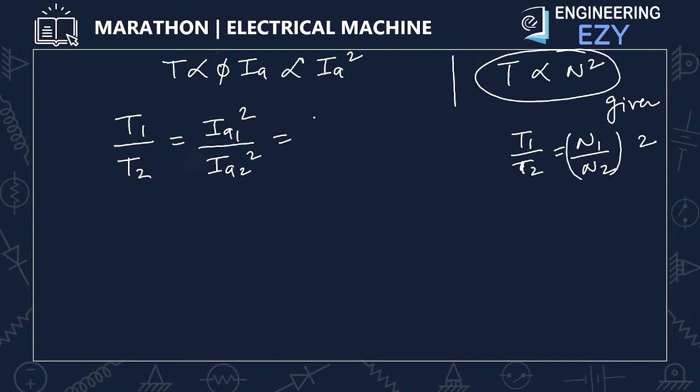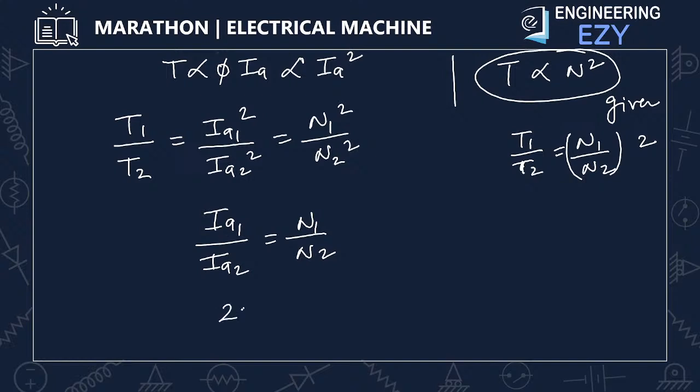If I equate these two equations, I can relate the armature current with the speed of the series motor. So Ia1 upon Ia2 is equal to N1 by N2. Now I can put Ia1, N1, N2 and calculate Ia2.